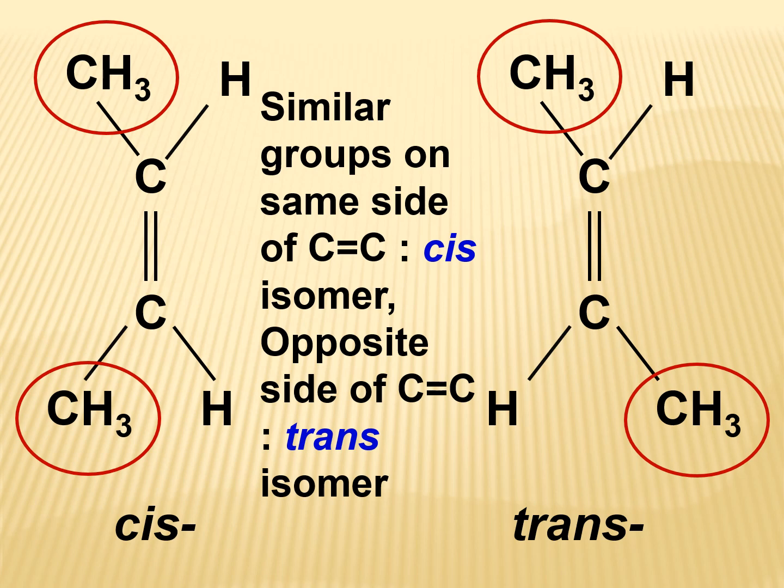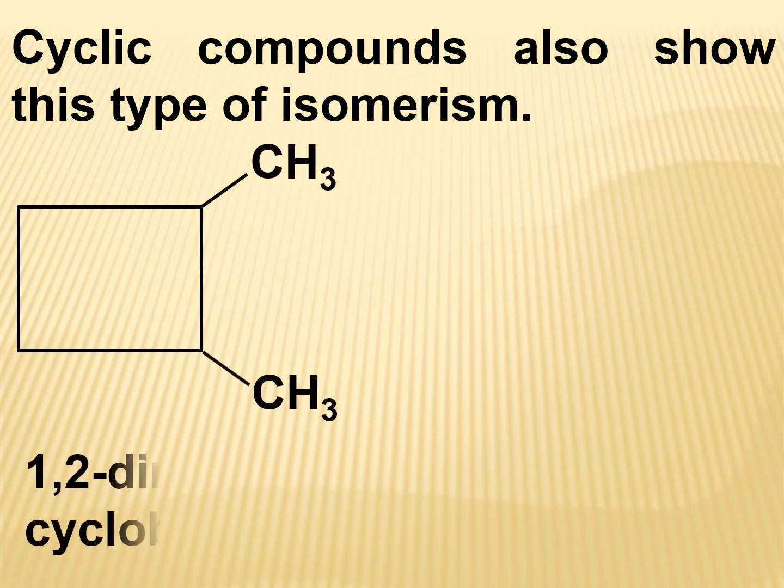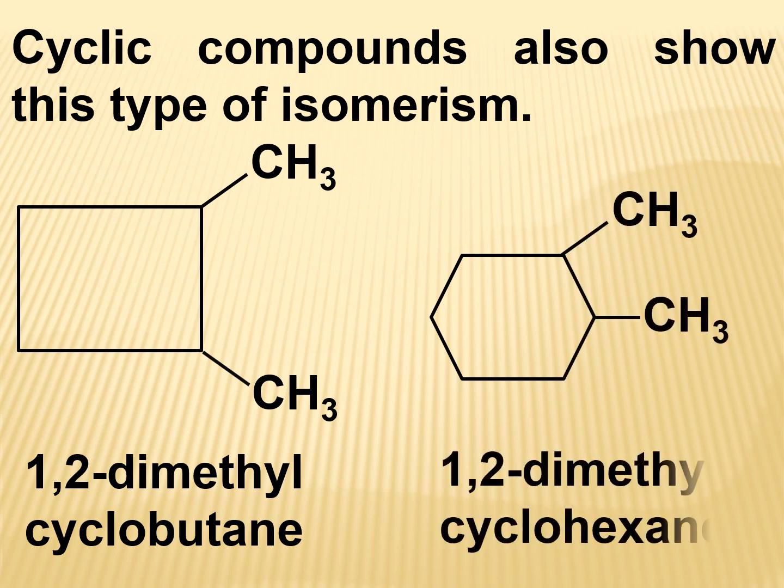You might have learned this in your lower classes also. Cis and trans isomers, that is adjacent and opposite. Cyclic compounds also show this type of isomerism. Okay, let us see some examples. Two important examples are 1,2-dimethyl cyclobutane and 1,2-dimethyl cyclohexane.